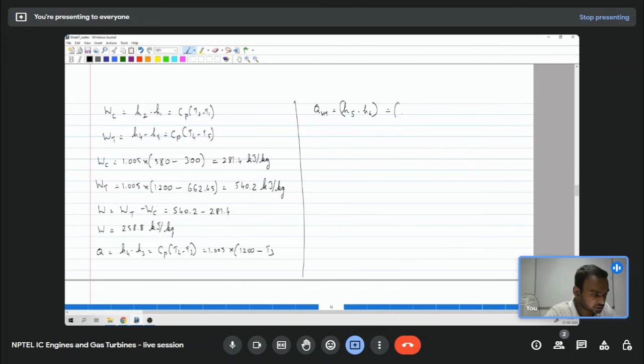In terms of temperature, T5 minus T6 equals T3 minus T2.